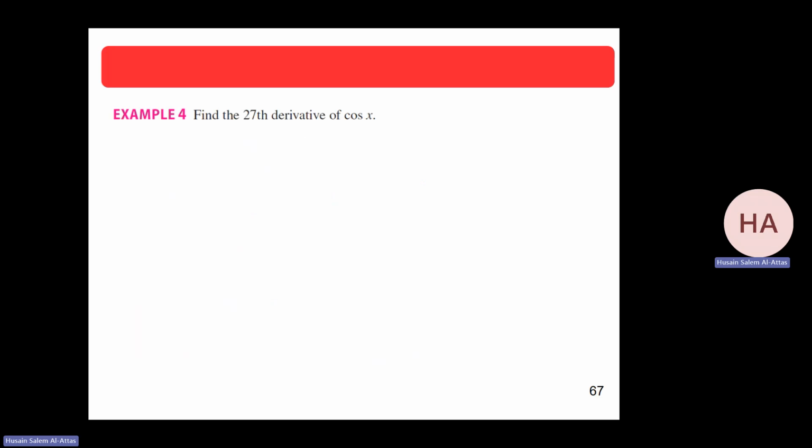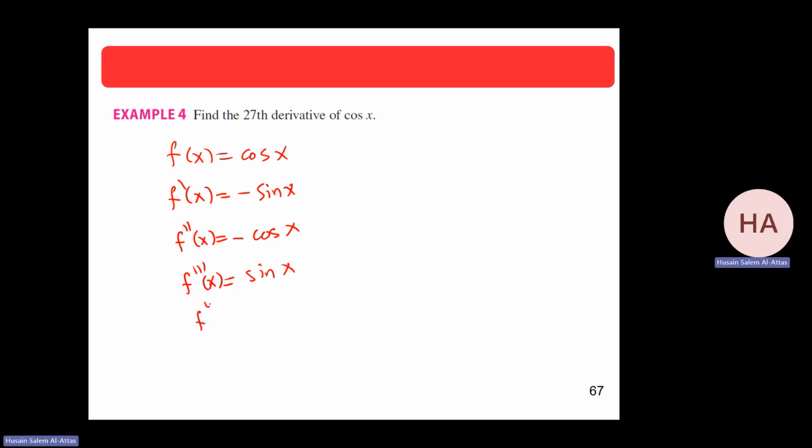Let me go to cosine and sine. Cosine, what will happen? Actually, we did it in 3.2. F prime would be what? Minus sine. F double prime, it will be minus cosine. The third is what? Sine. And the fourth is cosine. So what will happen? Every 4, I'm coming back.